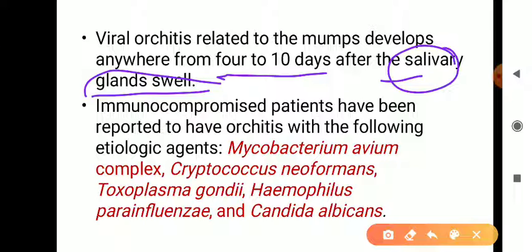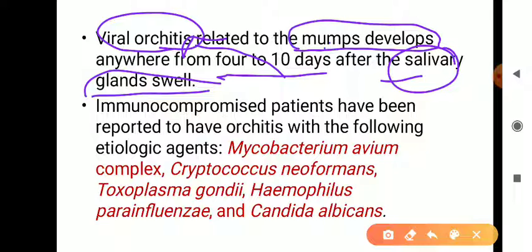After the day of swelling, within 4 to 10 days the person can develop signs and symptoms of orchitis, that is viral orchitis, because the person is developing orchitis from mumps.